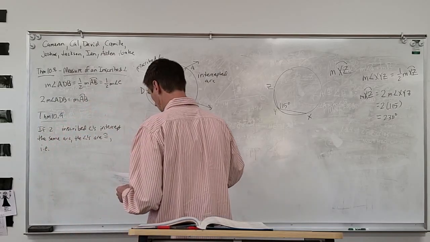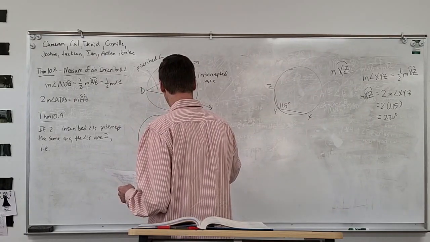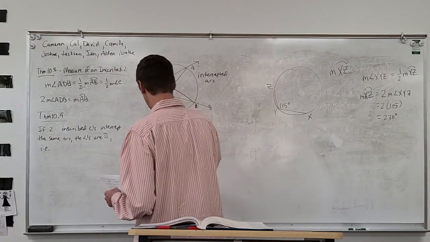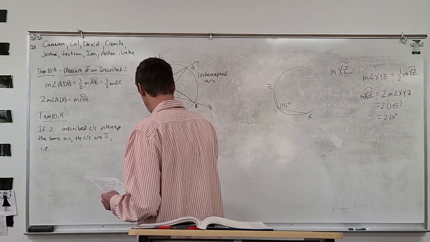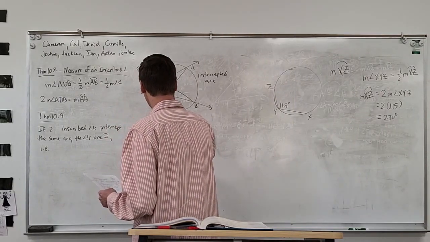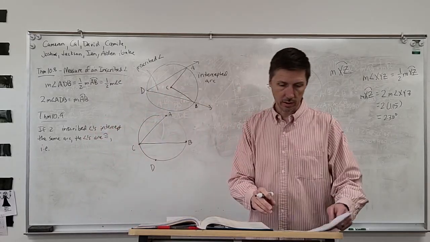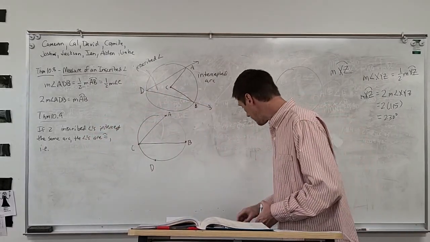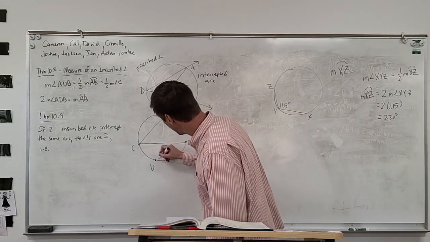So we've got arc AB right here. And so we say that we've got a point C over here, and we've got a point D over here. And so we've got an inscribed angle that goes from here to there. Looks like that. And then we'll draw another inscribed angle from a different point over here.